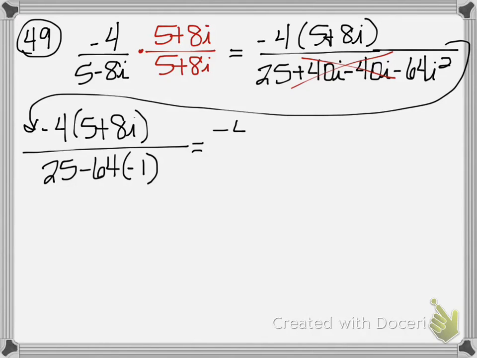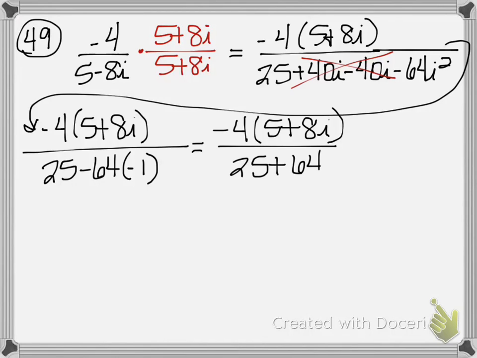So now I have negative 4 times 5 plus 8i all over, that would be 25 plus 64, because a negative 64 times a negative 1.